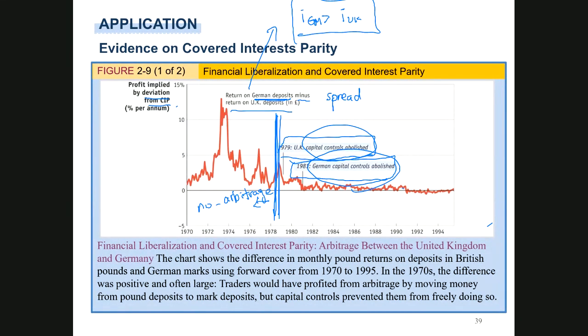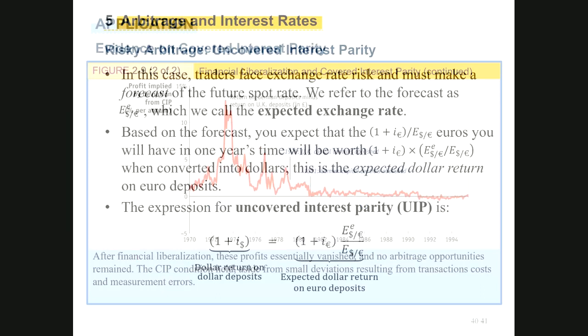People wanted to arbitrage, but they could not because the government used the capital control tool. They simply could not buy or sell foreign currency freely at that time. Now they can. After the deregulation of capital control, arbitrage is available, so the market becomes more efficient. The no arbitrage condition holds here. So this is one of the applications of the CIP.